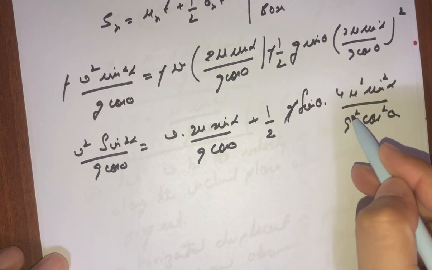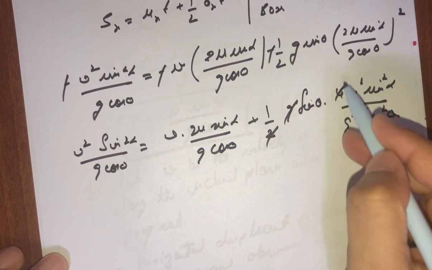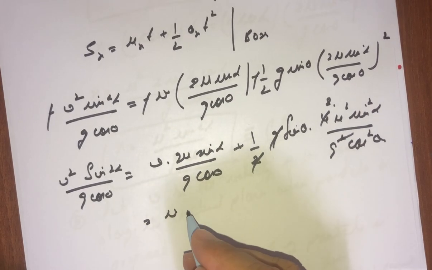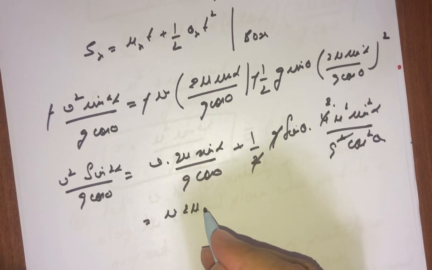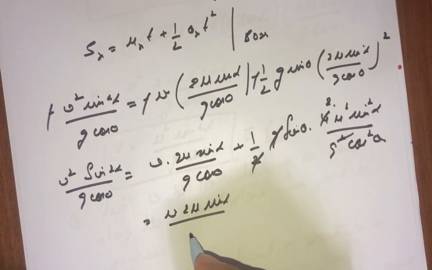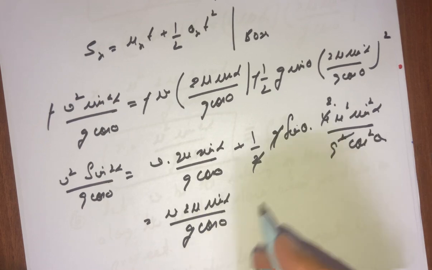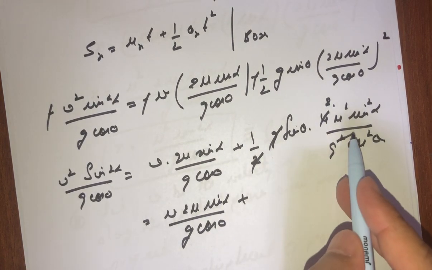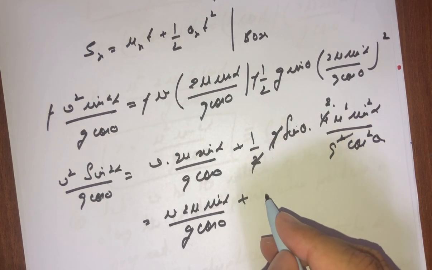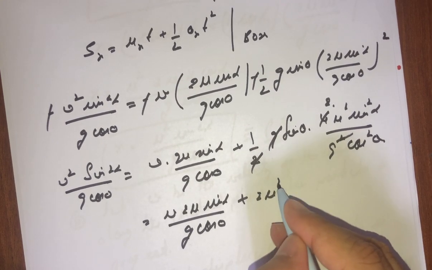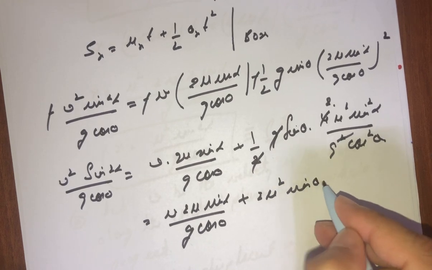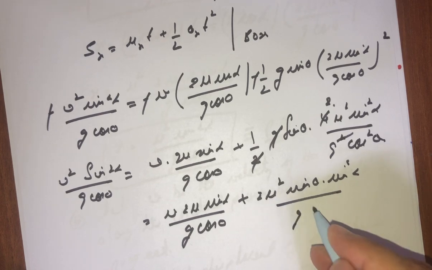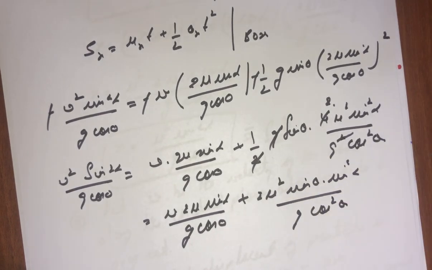So g square and the 2 cancel out, and we get v times 2u sine alpha divided by g cos theta plus 2u square sine theta sine square alpha divided by g cos square theta.